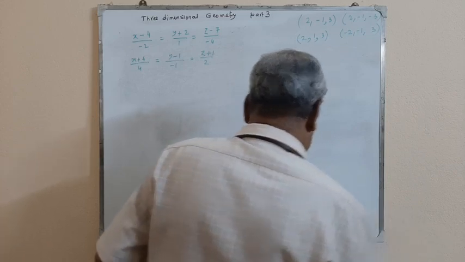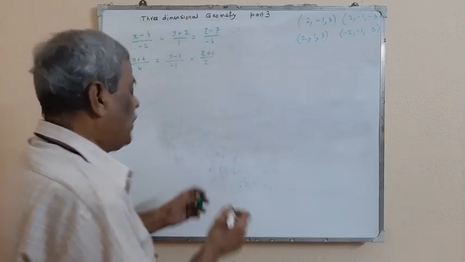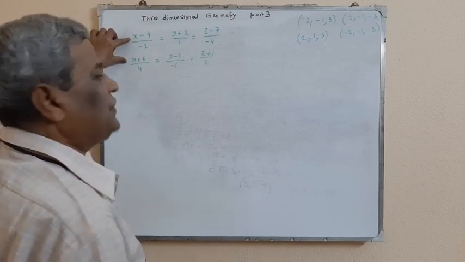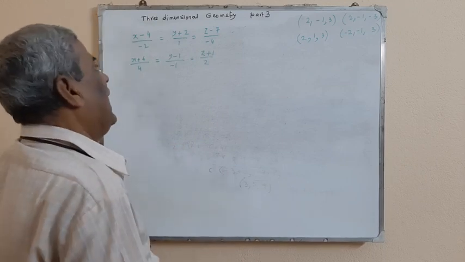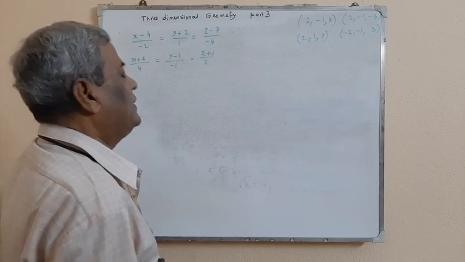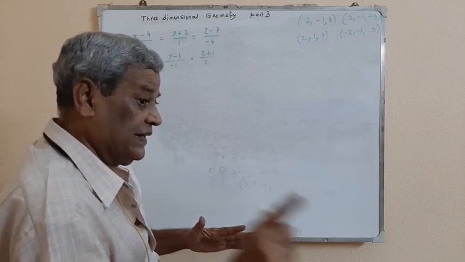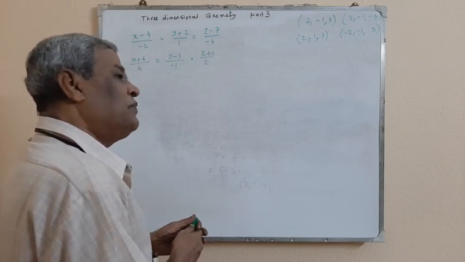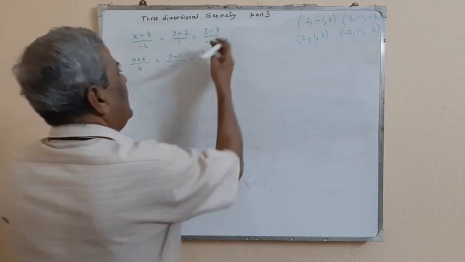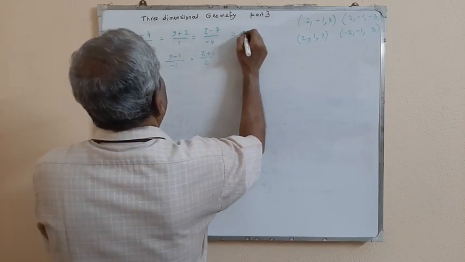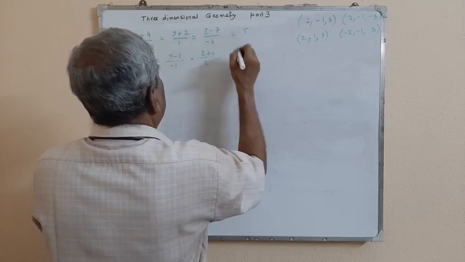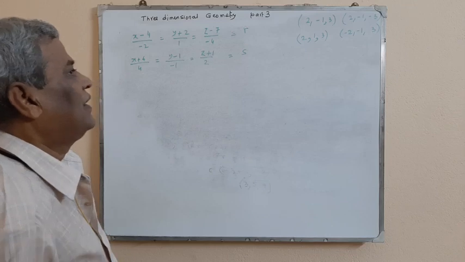Yes, this is a plain, very simple problem. Two straight lines in Cartesian form are given and we have to find their point of intersection if it exists. So we will follow the previous method. Suppose in the first straight line this relation is equal to r and in the second it is equal to s.